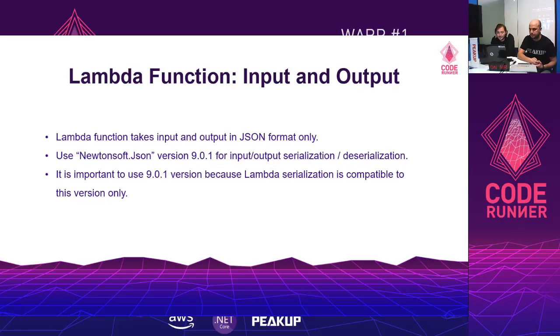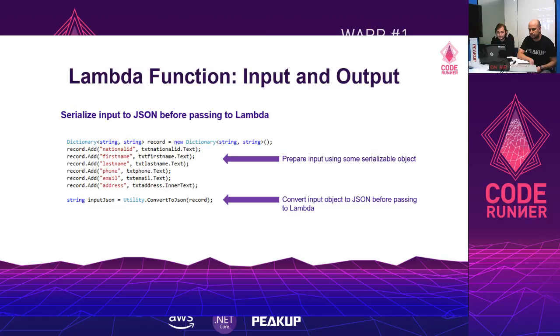And you have to use a specific version for the C# side, JSON version 9.0.1. It only supports that, so it's really important. It's a library that you can download from NuGet. JSON.NET, maybe you are familiar with it. Newtonsoft.Json is the namespace for that.